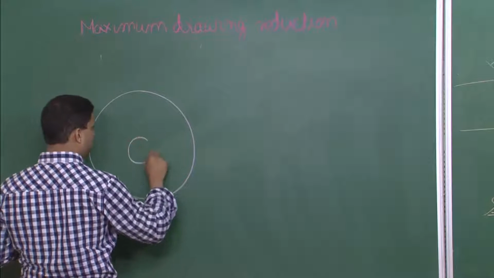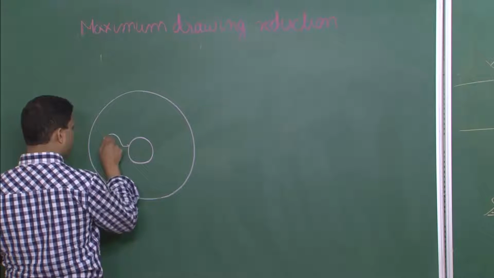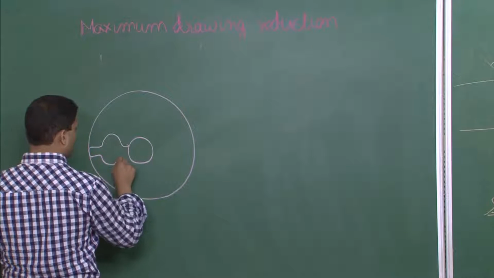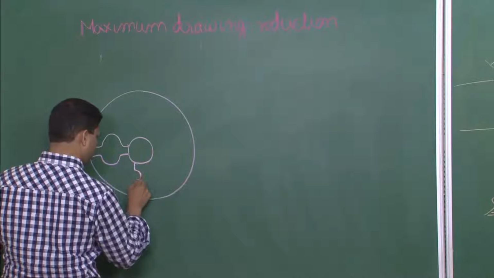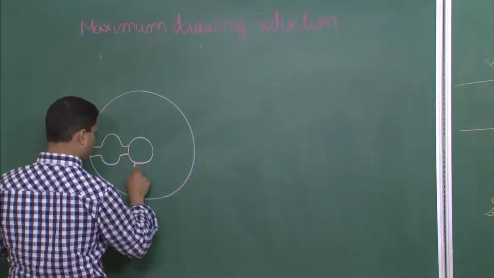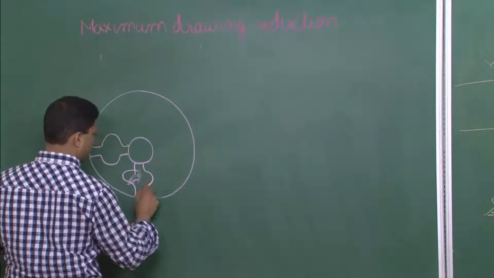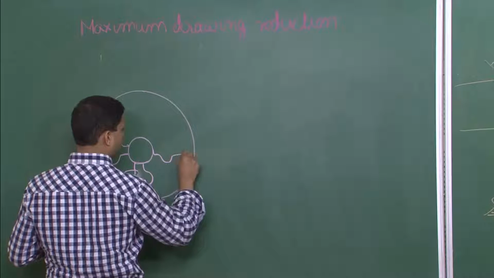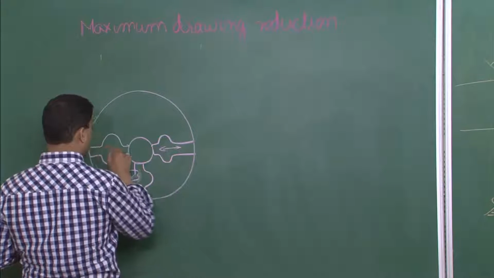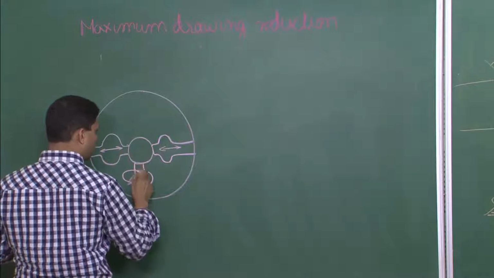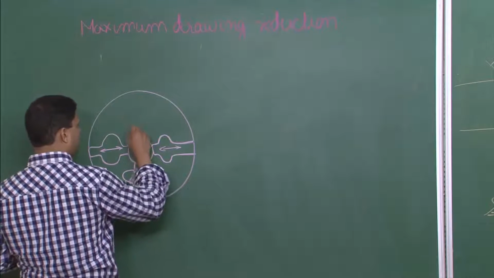Let us say this is the final diameter that you want. It will have a hammer kind of structure. So, these are 4 hammers which can move in and out like this, and there is a 4th one over here.